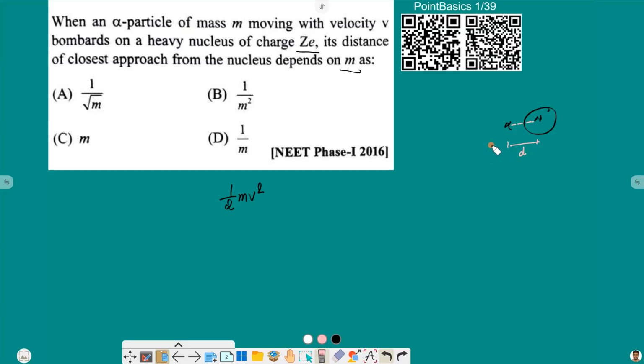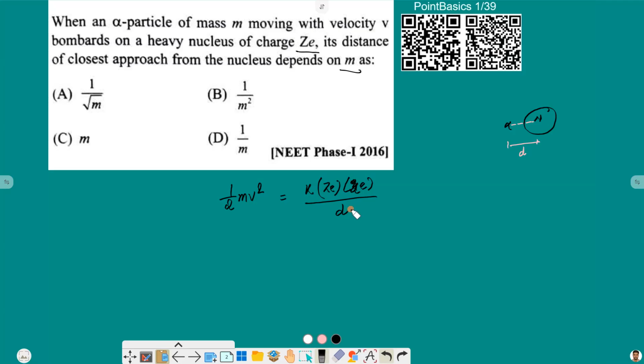Now, we know that for interatomic collisions, means for collisions related to atomic type particles, energy is always conserved. So this kinetic energy half mv square gets converted into potential energy, and that will be equal to k times Ze into the charge of the alpha particle, that is 2 times e, divided by the distance.